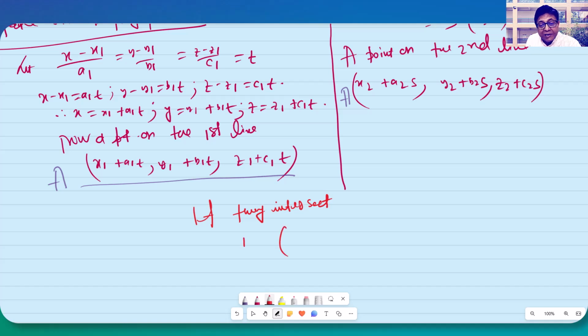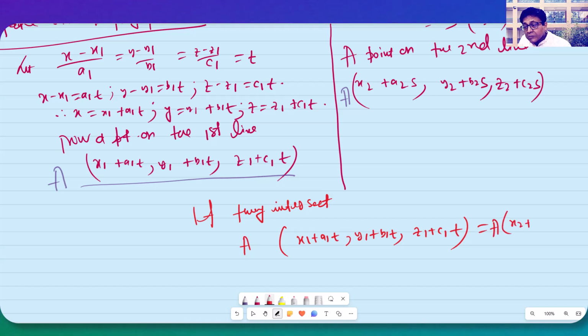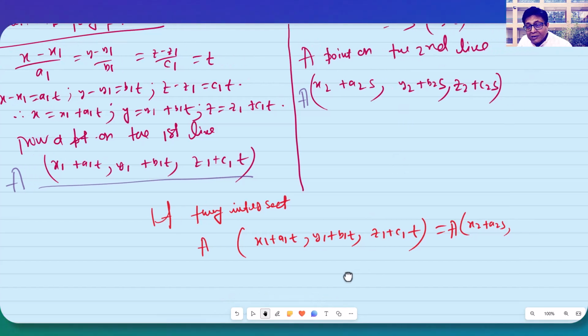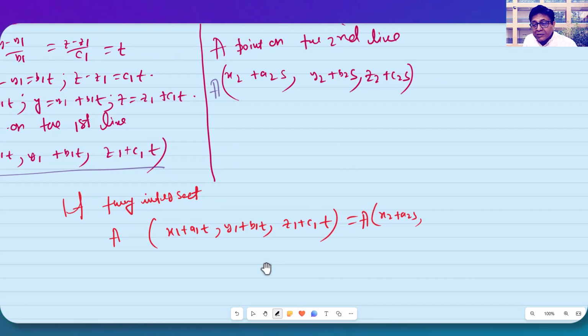That is A: x1 plus a1t, y1 plus b1t, z1 plus c1t must be equal to the same point x2 plus a2s, y2 plus b2s and z2 plus c2s.